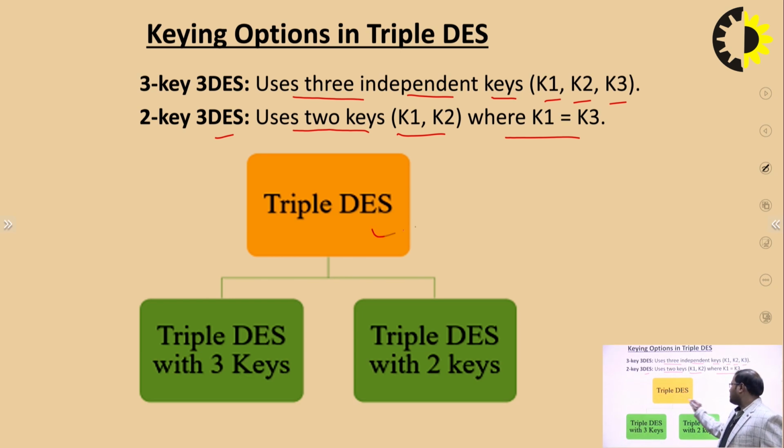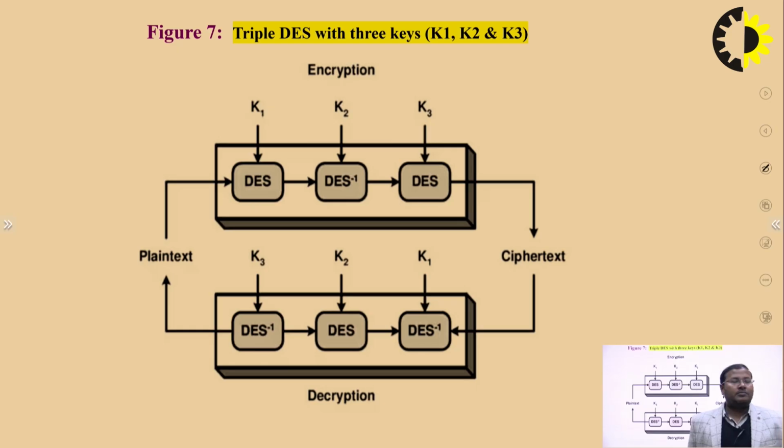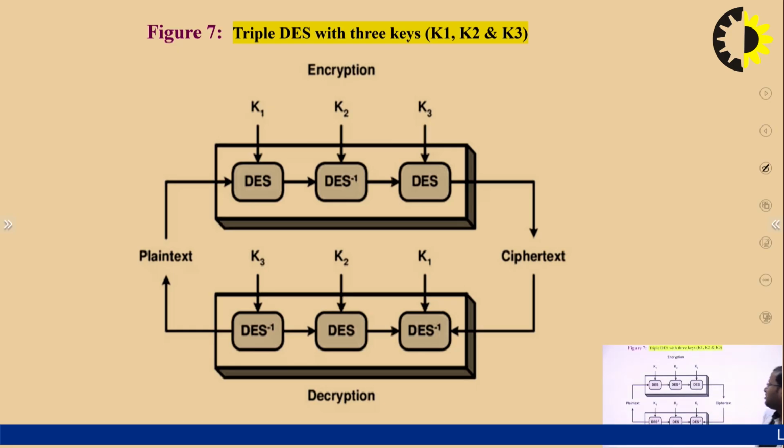So we can say triple DES is divided into 2 categories: triple DES with 3 keys, triple DES with 2 keys. Now I am showing in the figure triple DES with 3 keys, that is K1, K2, K3. Here DES is performed using K1, K2 and K3.